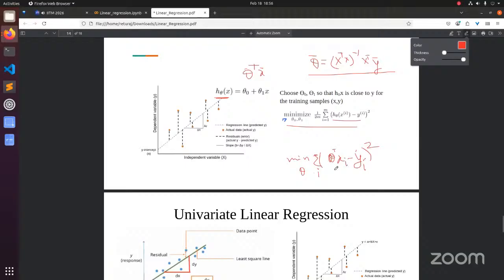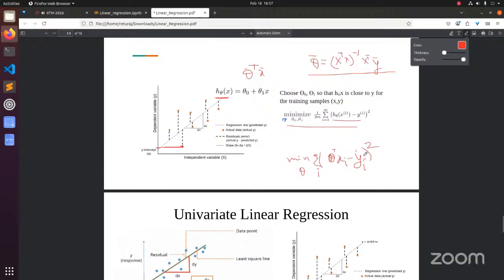What we are doing here is finding thetas such that theta transpose xi, where xi is a simple one data point, is very close to the true value. The true value for xi was yi.